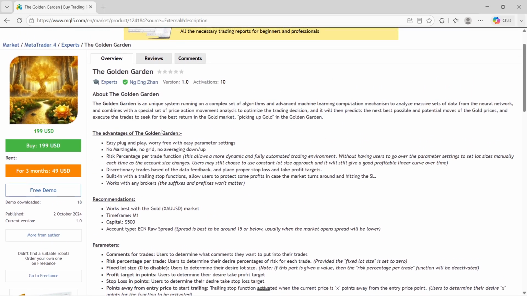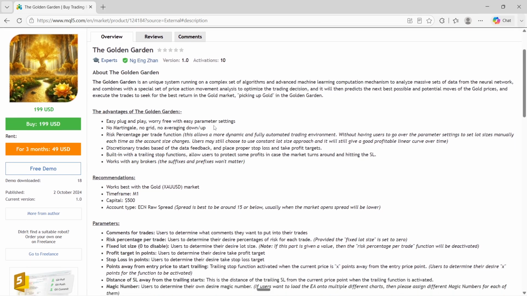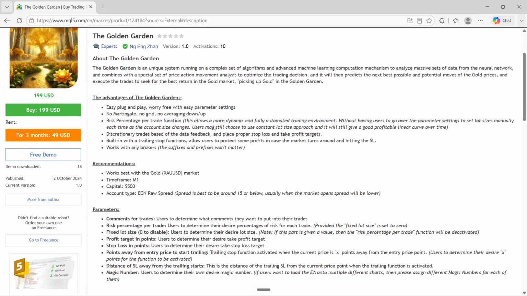The developer emphasizes that it does not use martingale, grid, or averaging. Each trade is discretionary based on the system's data feedback and is protected by stop loss and take profits. A trailing stop function is included to lock in profits if the market reverses.